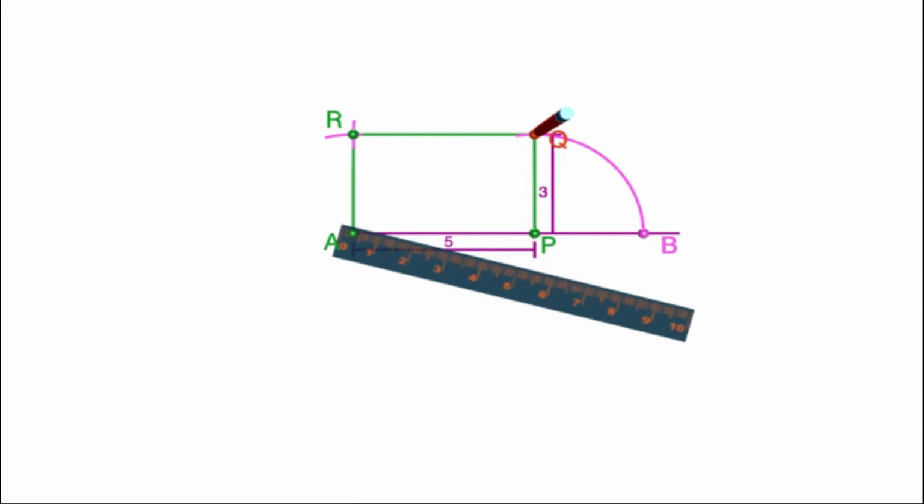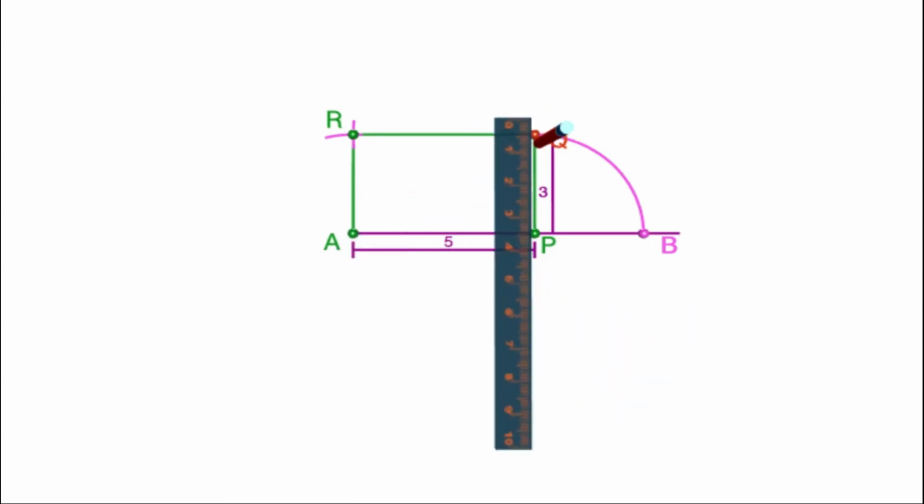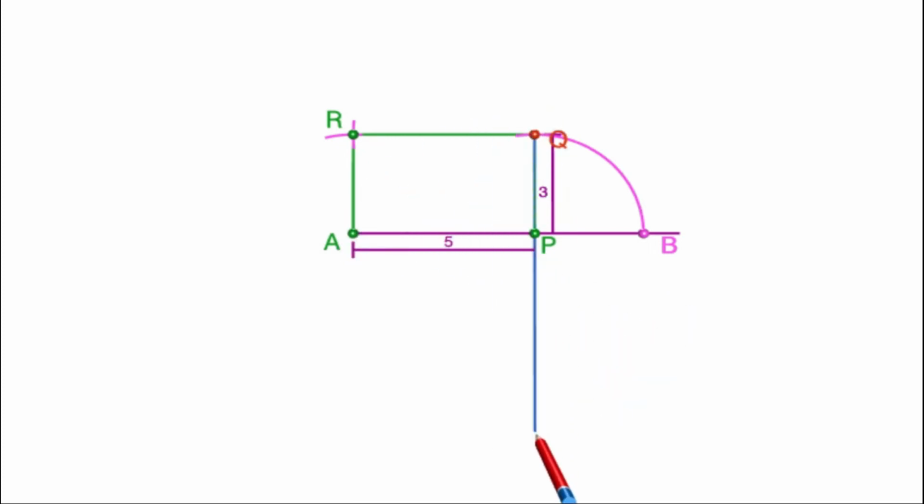Now let us extend PQ and take 6 cm on it. Now let us draw a circle passing through the points A, B and D. For that it is enough to draw the circumcircle of triangle ABD. You cannot see triangle ABD here, but if you join AD and BD, you will get the triangle. The lines are not necessary, that is why we are not drawing those lines.